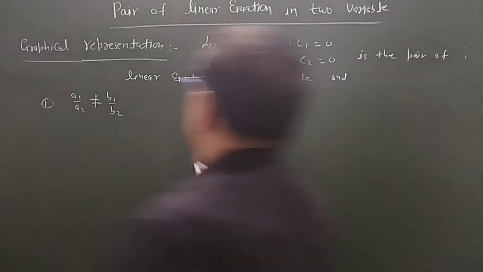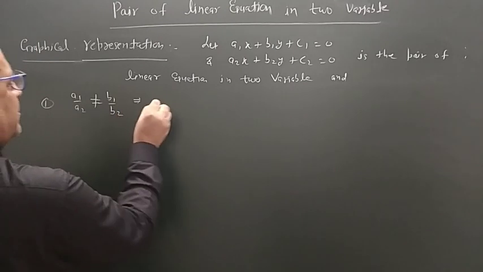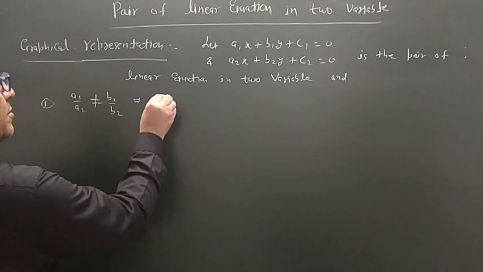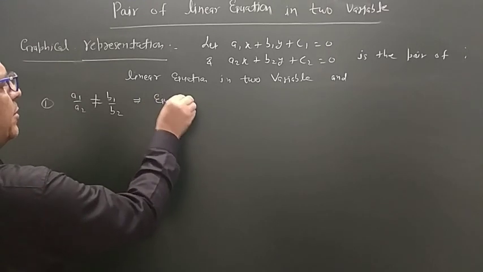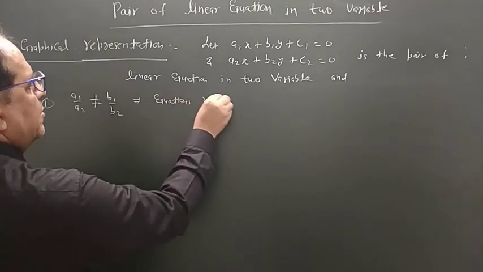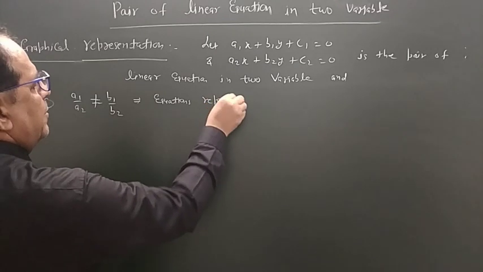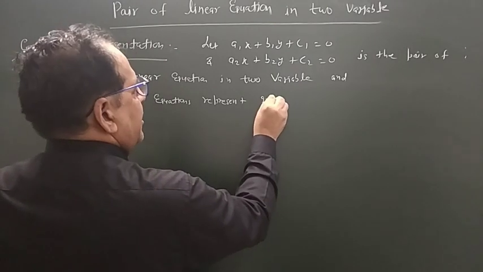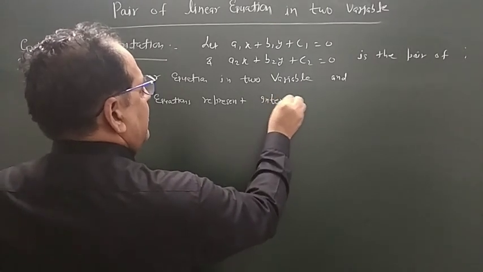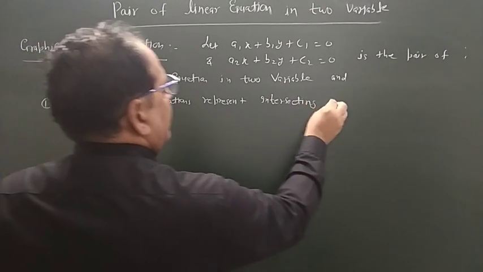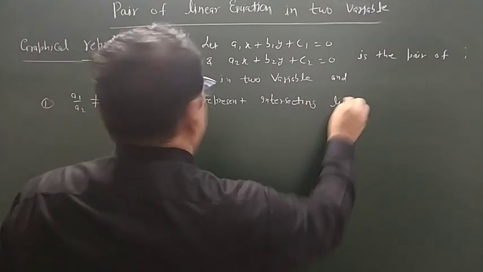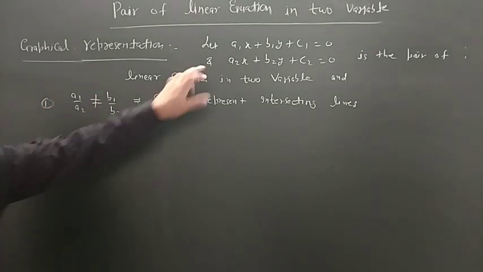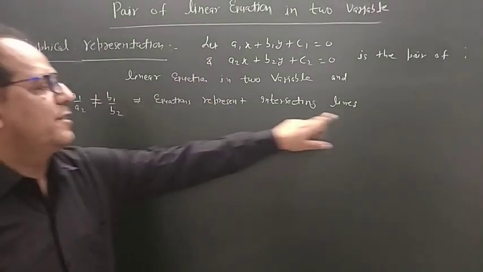If a1 upon a2 is not equal to b1 upon b2, that means these two equations represent intersecting lines.